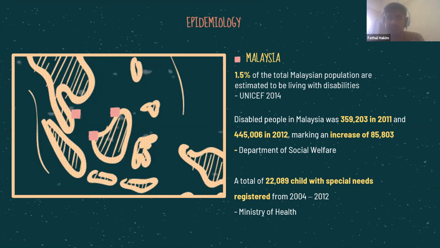So there is an increase in number based on the Department of Social Welfare. However, according to the Ministry of Health, there are only 22,000 children with special needs registered from 2004 to 2012. So we can see from the statistics that there are many children with special needs that have not been registered.